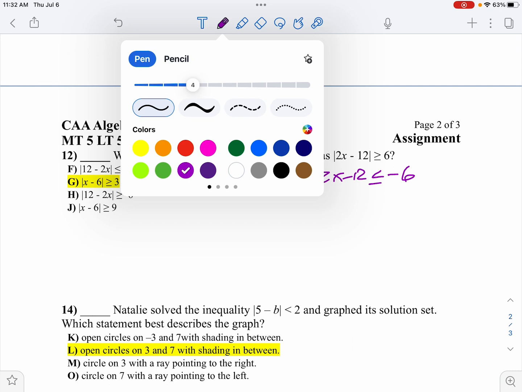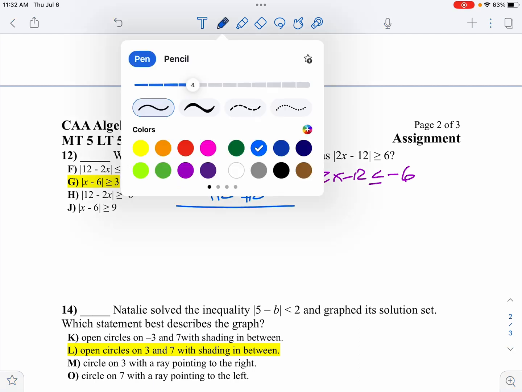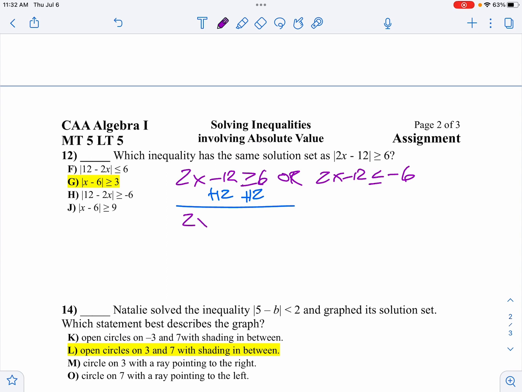So let's solve the first one. We're going to add 12 to both sides first. So we get 2x is greater than or equal to 18. I'll divide by 2. X is greater than or equal to 9.